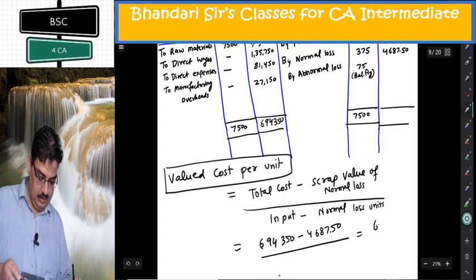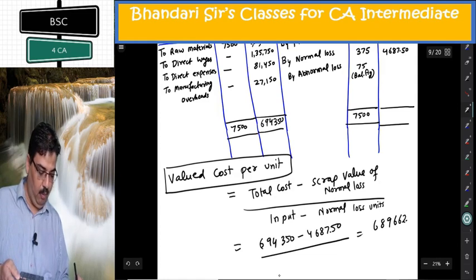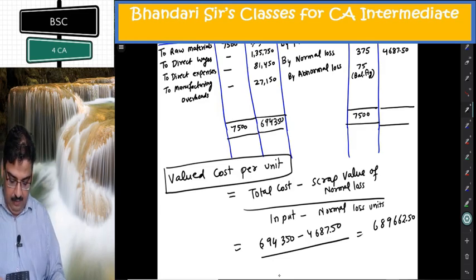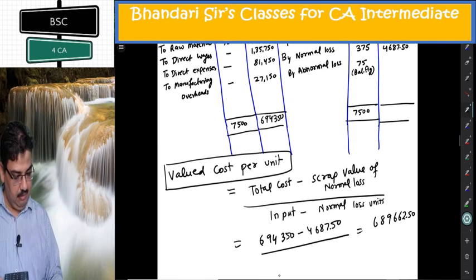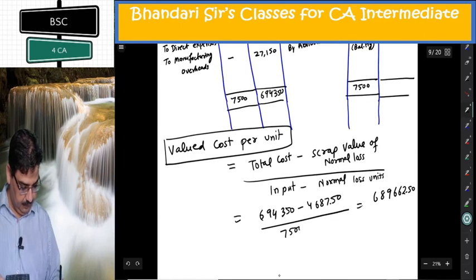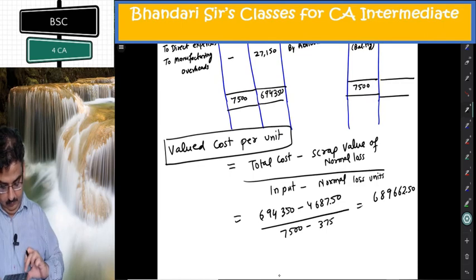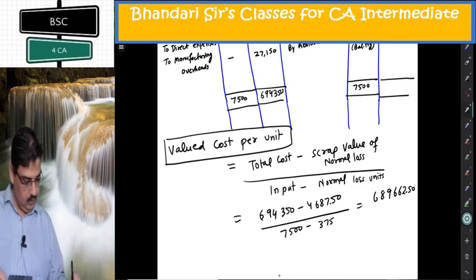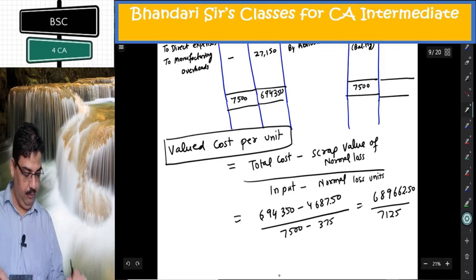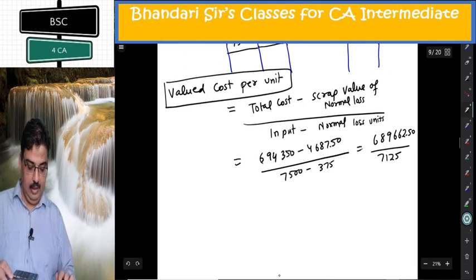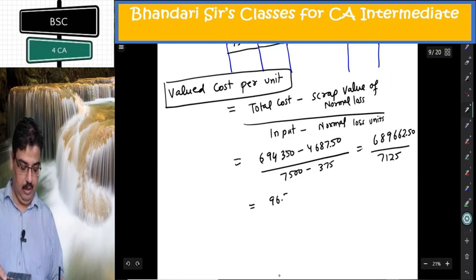What I get there is 689,662.50. Whole divided by 7500 minus 375, divided by 7125 units. What I am getting is 96.7947 and so on per unit.